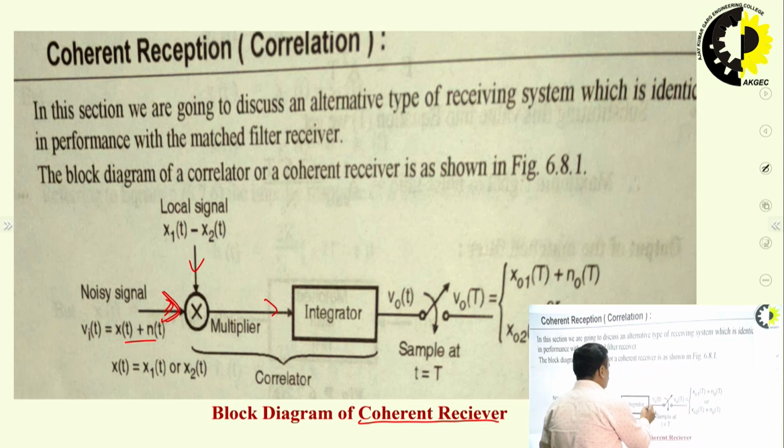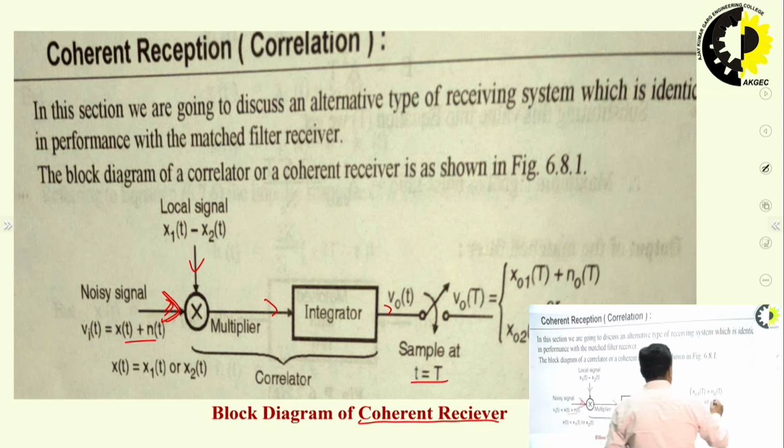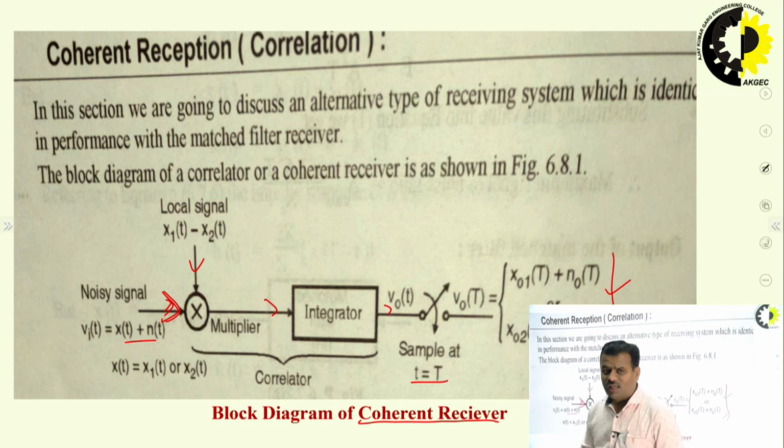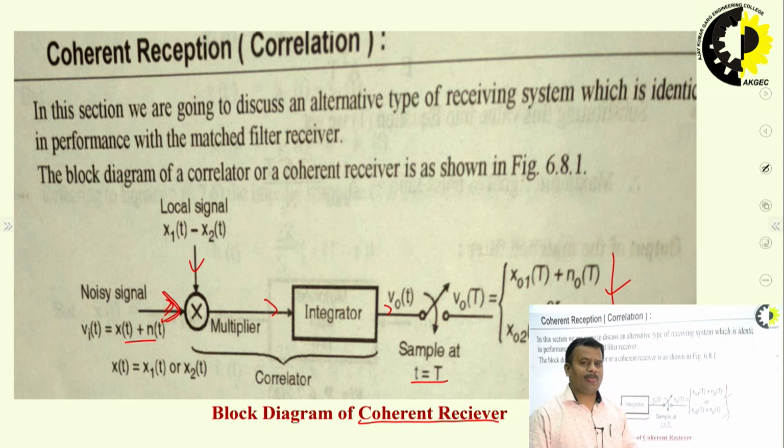It goes to v(t), and after synchronizing and sampling at t equal to capital T, it generates x01(T) plus n0(T) or x02(T) plus n0(T). In this way, using the coherent reception or correlator receiver, we can also detect our original signal after comparing your incoming signal with the threshold.